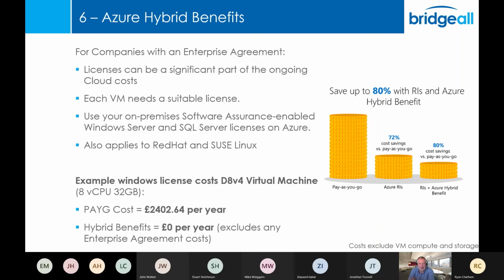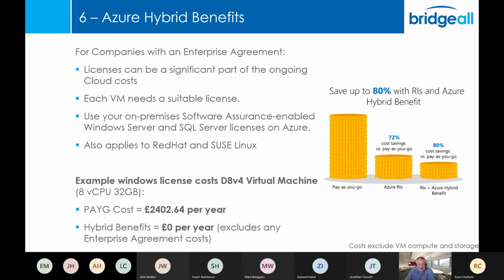So if you have software assurance on your enterprise agreement, you are allowed to use those licenses and therefore not pay an additional license fee. For example, on the D8 V4, which is an 8 CPU 32 gig machine, the licensing alone would be £2,400 a year. So if you've got a license on a hybrid benefit, that's quite a significant saving.